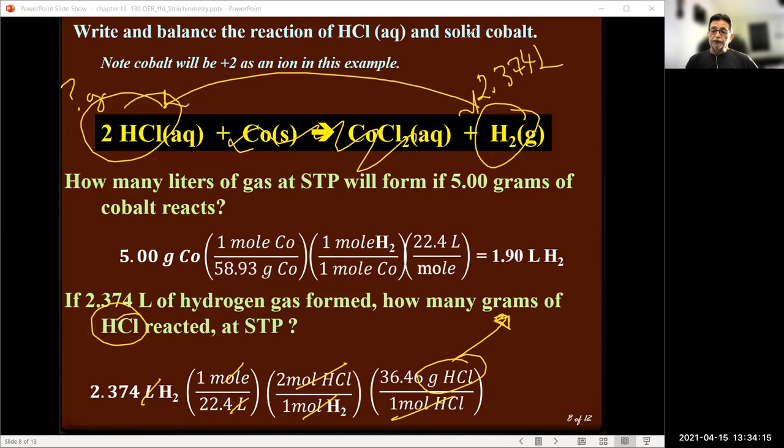Now it's a matter of doing the math, and you end up with 7.72 grams of hydrochloric acid reacted to generate 2.374 liters of hydrogen gas. Okay.